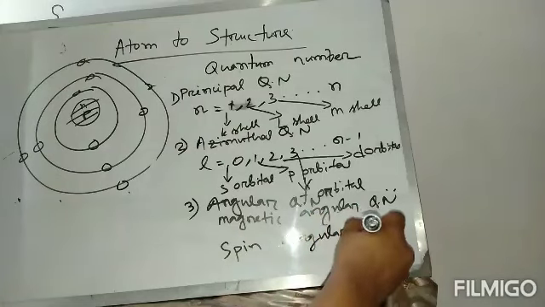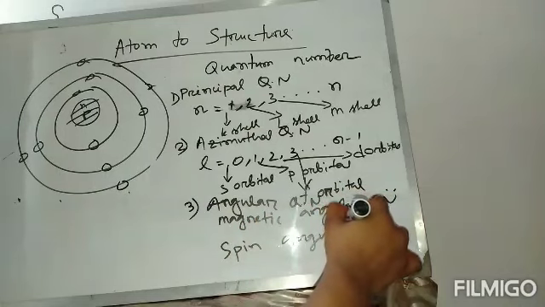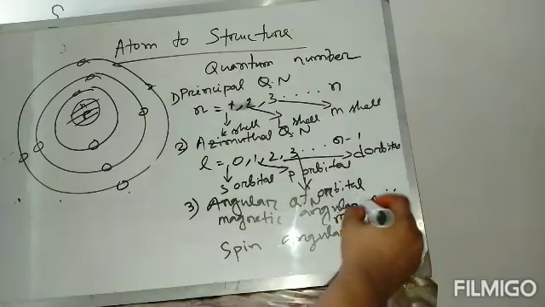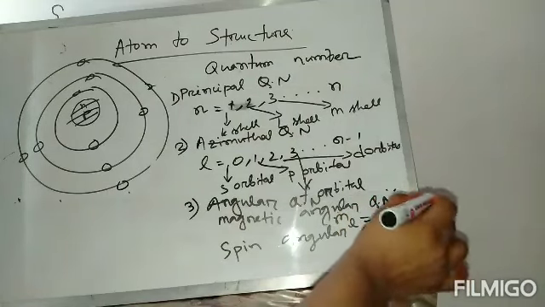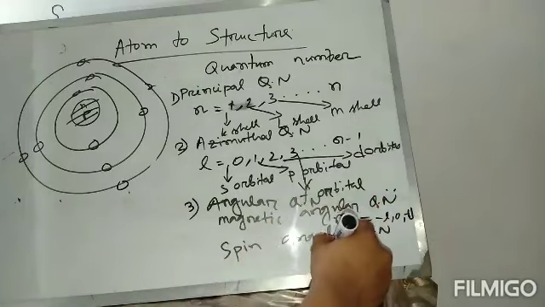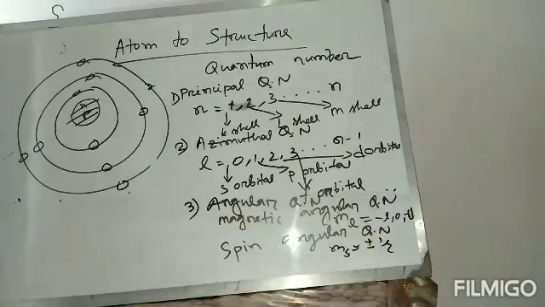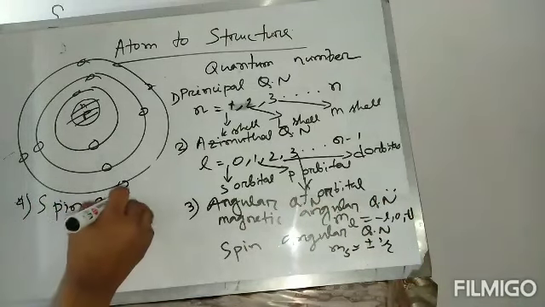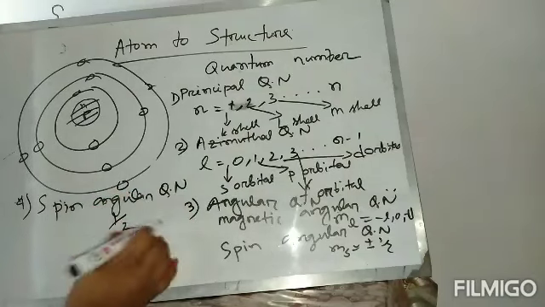The magnetic quantum number is denoted by m_l, and it takes the values from minus l to plus l. And the spin quantum number is denoted by m_s, and it takes the values plus or minus half. The fourth one is the spin quantum number, and it takes the value only half.